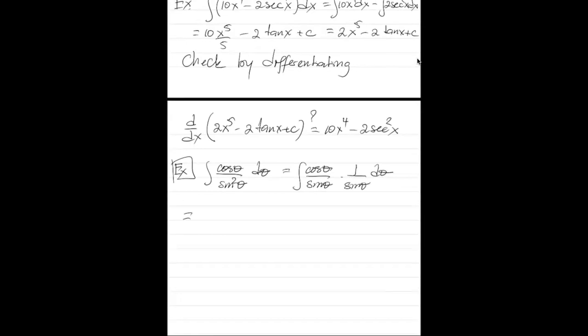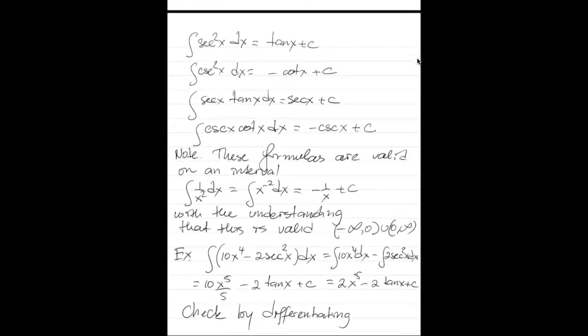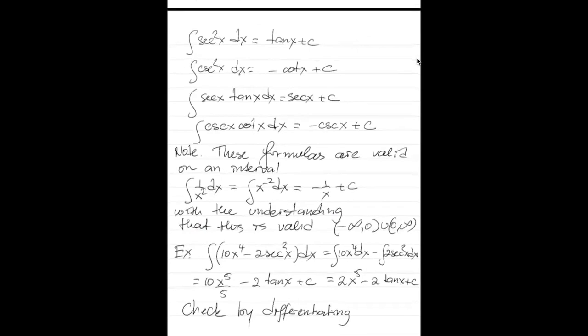Now, cosine over sine, we know it's cotangent. 1 over sine is cosecant. And this is one of our formulas earlier, cotangent times cosecant. Right here, the last formula, that's negative cosecant.